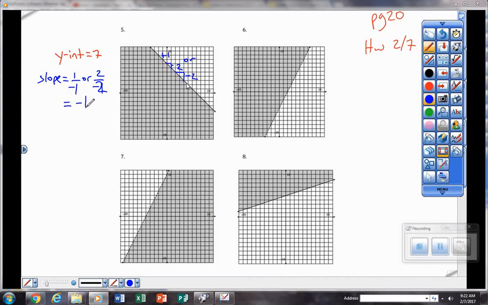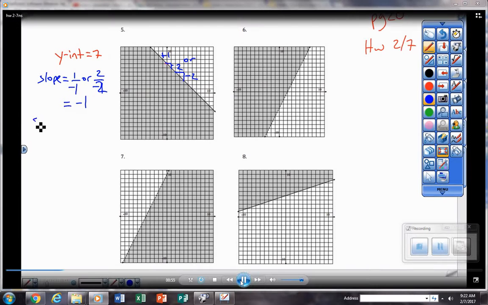Now my line is solid, so I know it will have the equal line under it. It is less than. The inequality less than is the one that looks most like an L. So I know it's a solid inequality in the less than direction because I'm shading below, and because my line's solid, I have that little line under there.